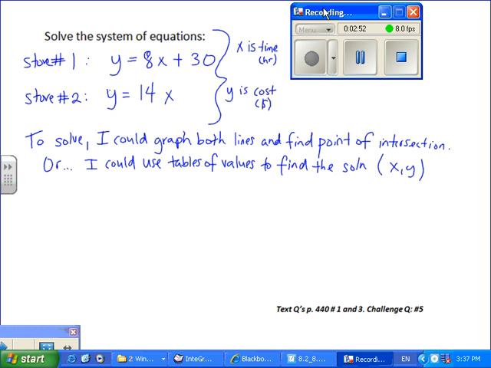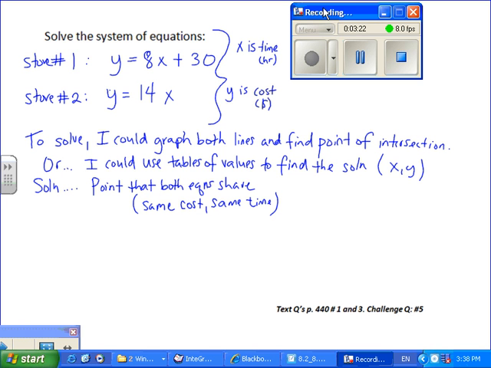What I'm really asking myself is, the solution will be the point that both equations share. In other words, I'm looking for the same cost for the same time.